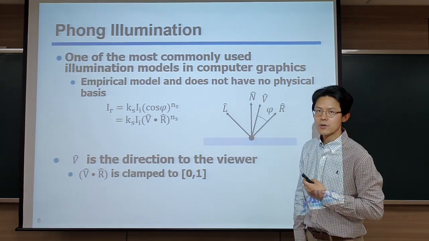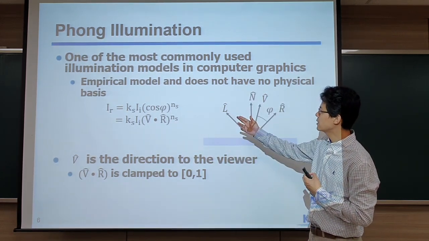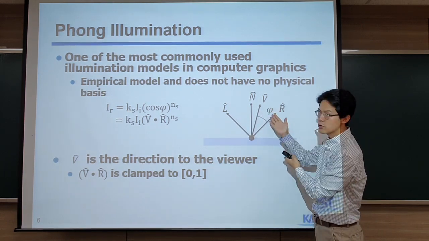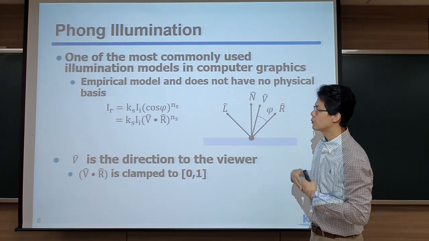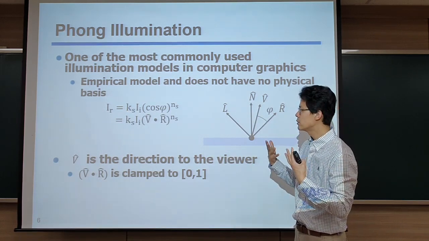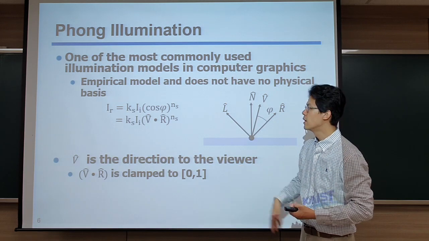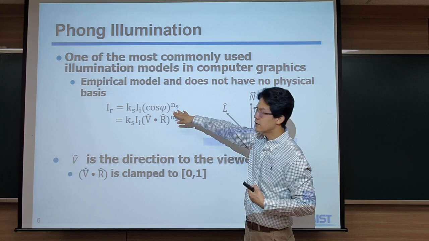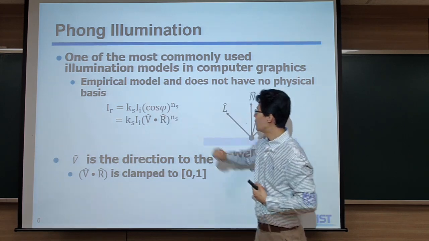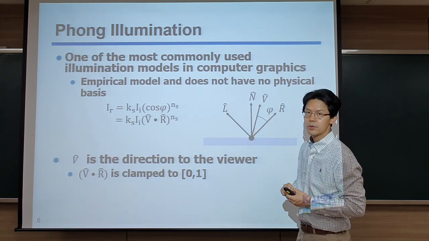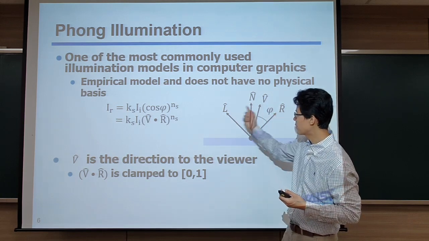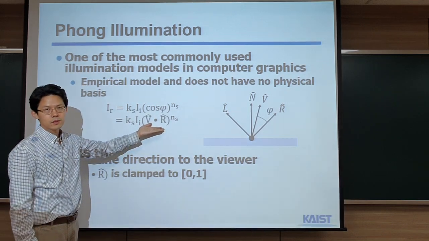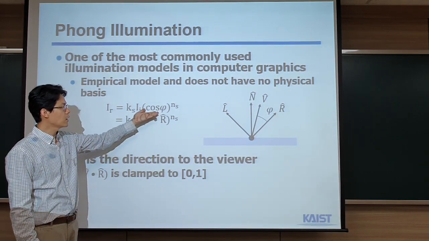The main reason for using the cosine function is that, at a high level, as the angle between the V vector and the R vector gets wider, we should get less energy, and we should also be able to evaluate that function very efficiently. With the cosine function, it can be computed by the dot product between the V vector and the R vector, which is much more efficient than evaluating the cosine function.